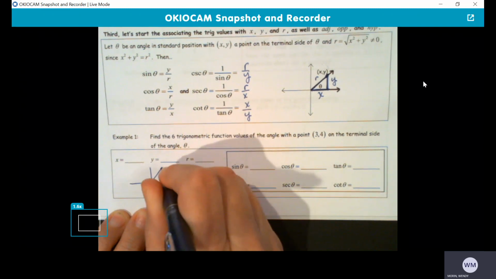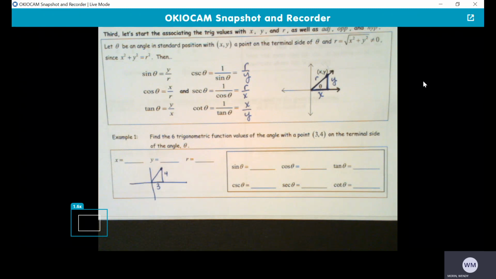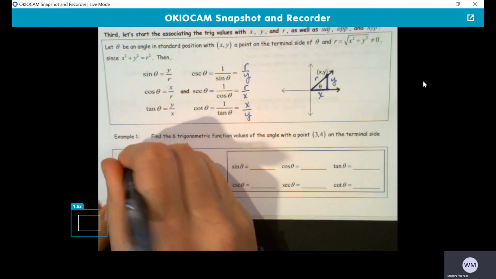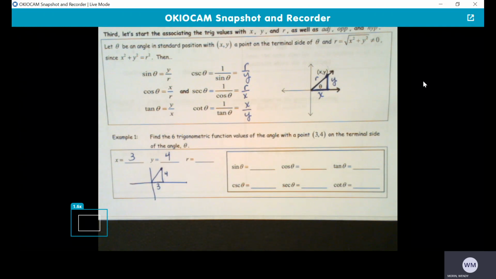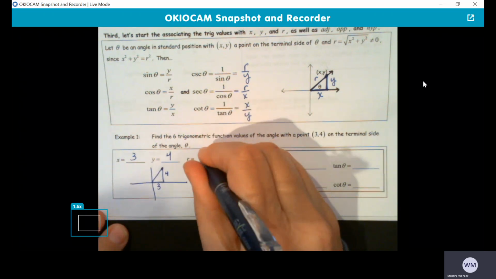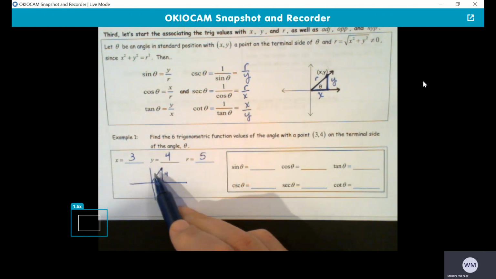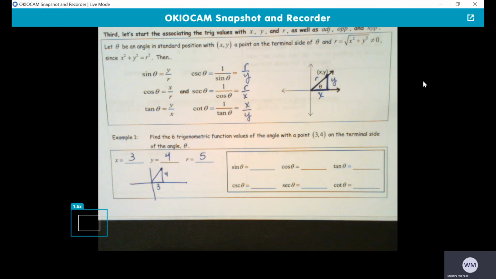So our x value is 3. Our y value is 4. What's the radius? Well, that's one of your 3, 4, 5 triangles that you should have memorized. Otherwise, a squared plus b squared equals c squared. It'll take you a little bit longer.